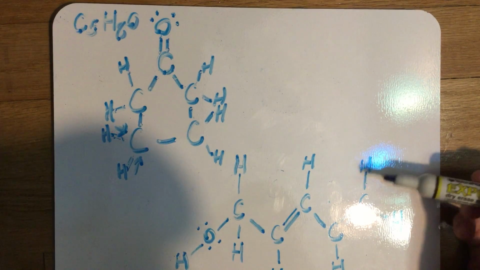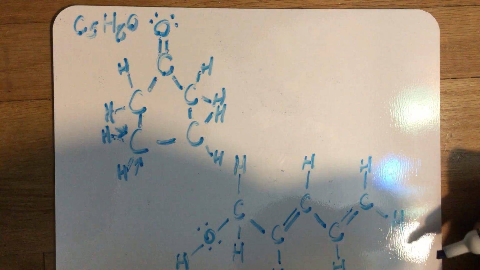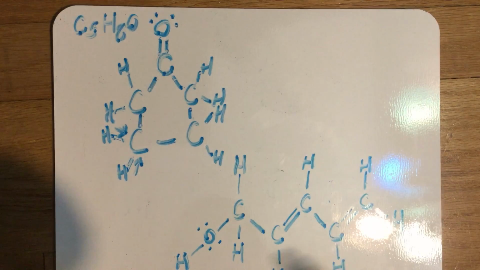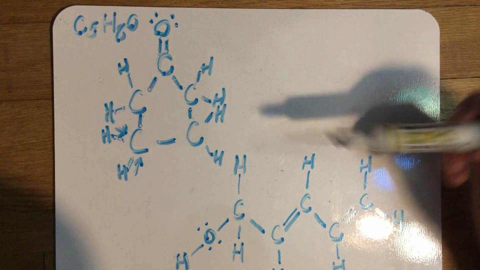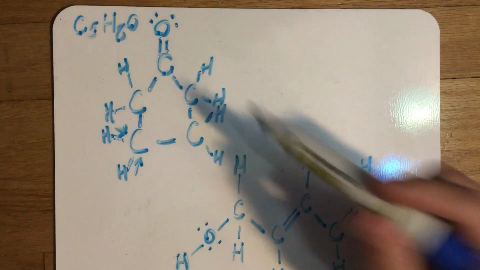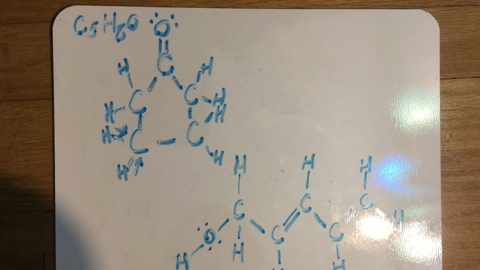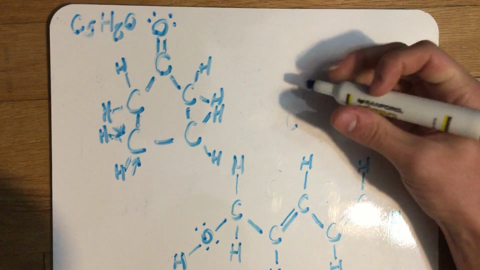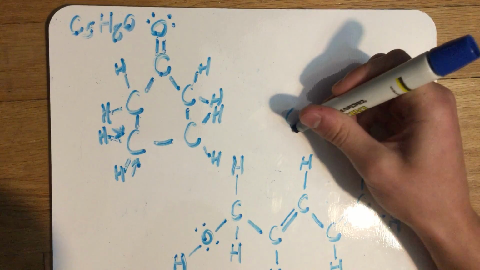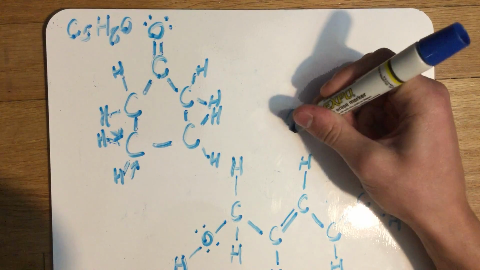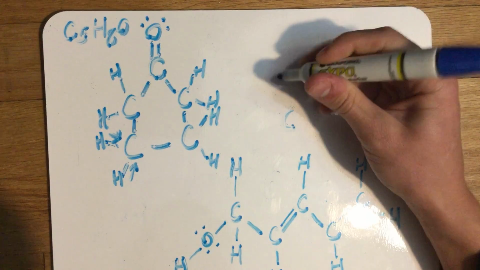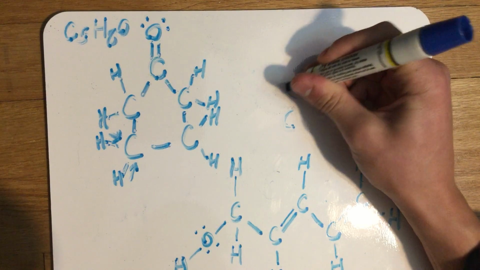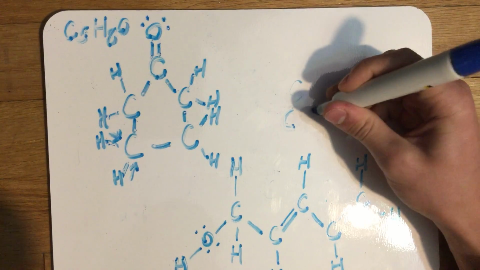Looking over fully, we can check to make sure that this has the same formula as this one. So we'll just count up. Counting up the carbons, we have 1, 2, 3, 4, 5 carbons. I'll put it up here.